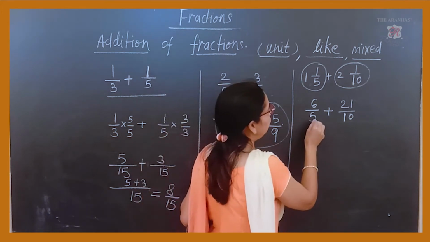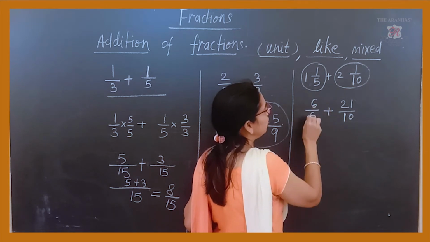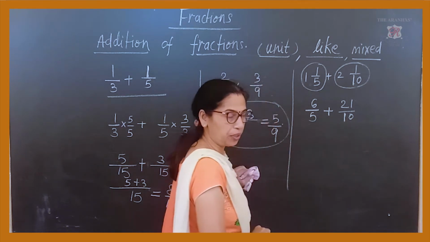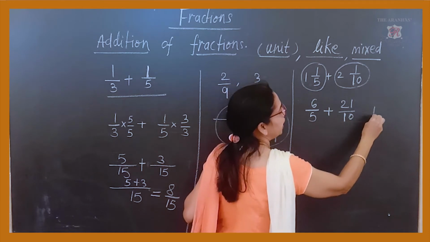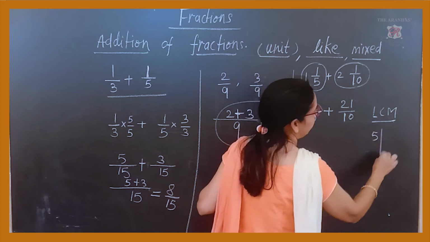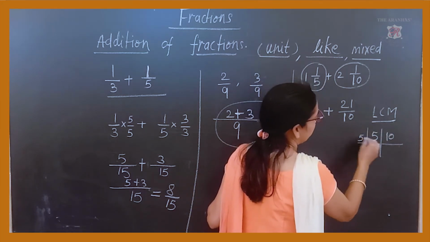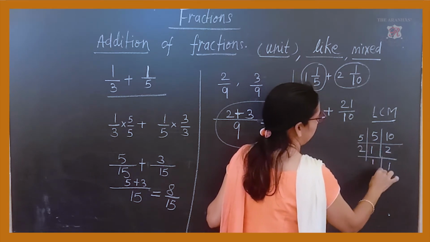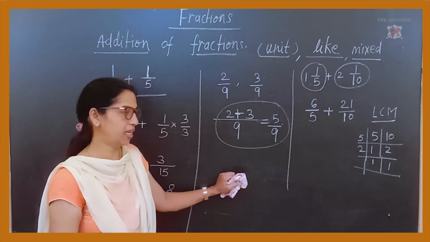We have to multiply this fraction by 2 and get the same denominator, or in other words you can say by taking the LCM of 5 and 10. What will be the LCM here? So the LCM will be 10.